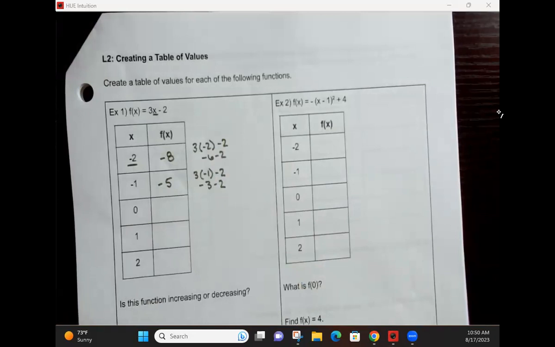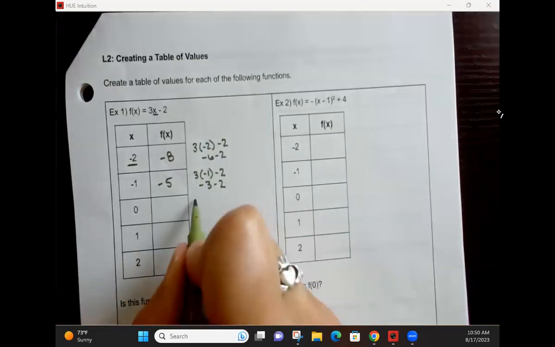It's got a y-intercept here. If you remember that from your parent function, awesome, you're off to the races. If you don't remember that, or you're encountering a function you've never seen before, a table of values is a good way to get a handful of points so I can start to get an idea for what that graph should look like. Okay, so we're setting that up now so that we have this as a tool to be able to use later on.